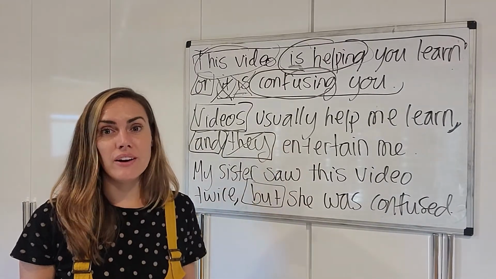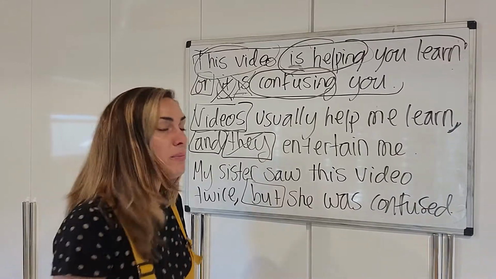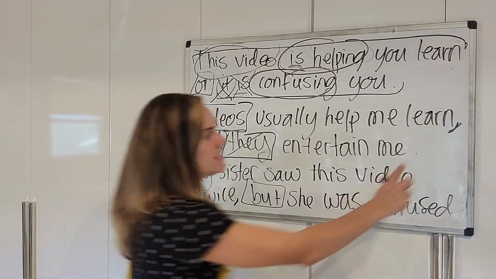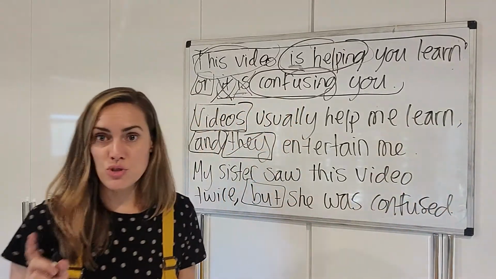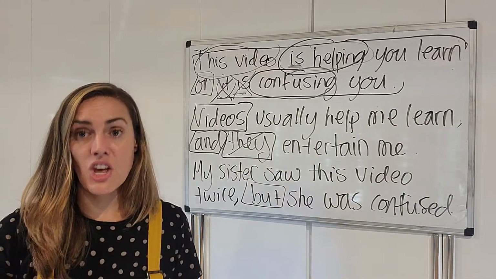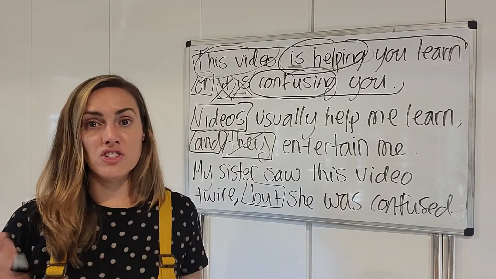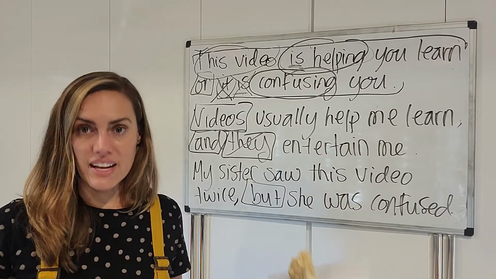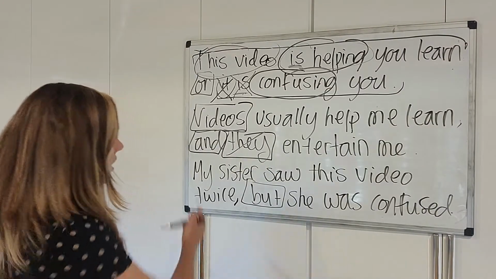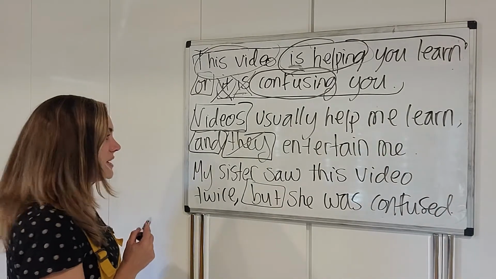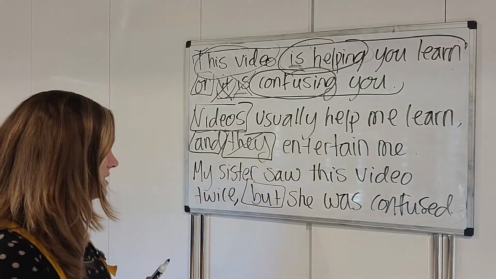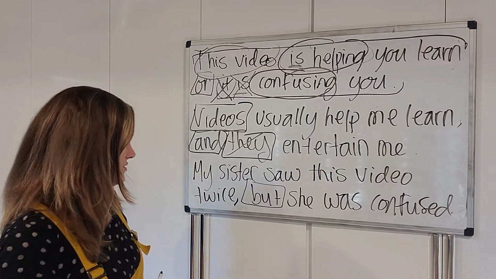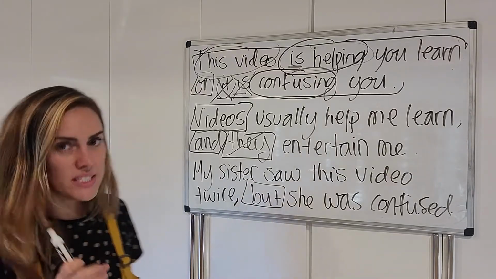That's actually better. It's not so repetitive, but remember, if we do that, take out the comma because you don't have two complete sentences. You only need the comma when there's two complete sentences on either side of the connecting word. Let's see if we can reduce this one. My sister saw this video twice, but she was confused. Now, this one's a little bit harder.